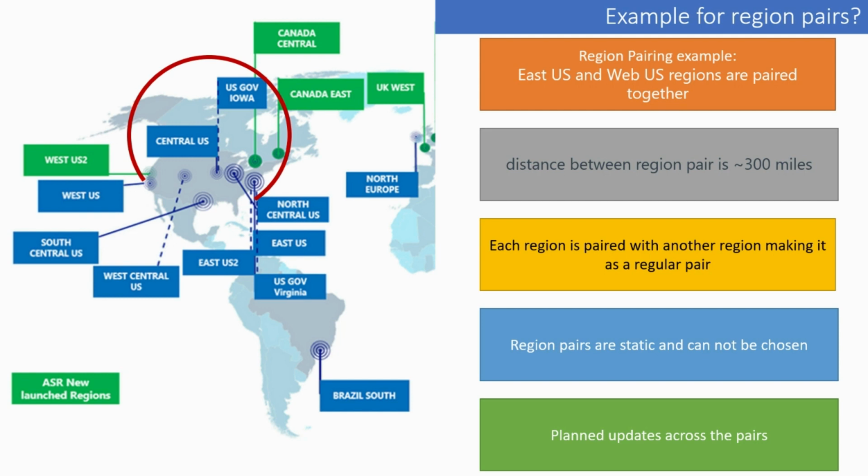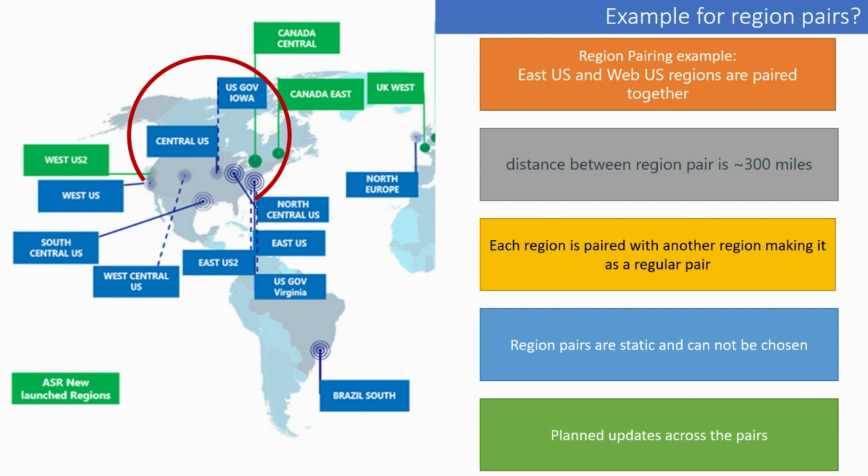That is, Microsoft does not push software updates to the two paired regions simultaneously. They update one region, and only after successful completion will they pick up the next region within the Azure paired region for software update.